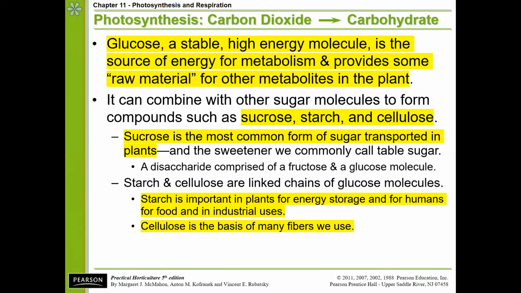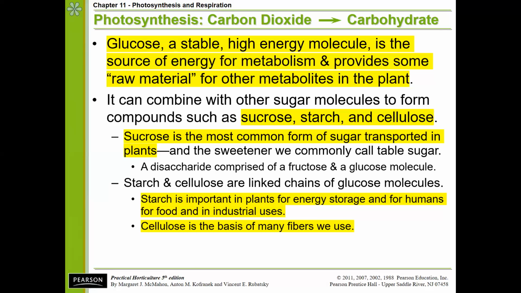Then we have starch and cellulose, which, again, is a little bit of review here. They are very similar molecules, just differently linked chains of glucose. Starch is really important for energy storage, such as in seeds or in tuberous roots of plants, also other storage mechanisms in plants, and also for humans for food, as well as other industrial uses.